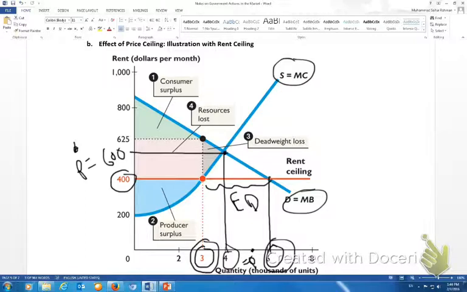So what happens when there is excess demand for houses? First thing, people have to search for houses more frequently, more intensively, and that requires resources.